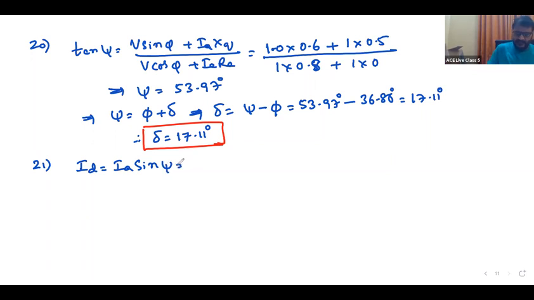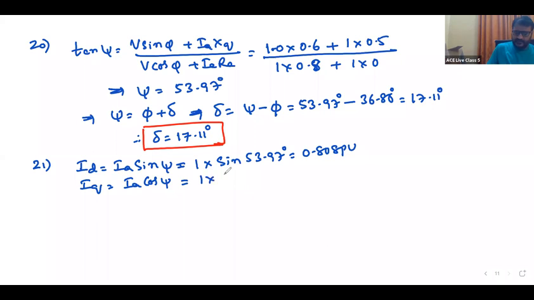ID is equal to IA sin psi, which is 1 into sin 53.97, equal to 0.808 per unit. Similarly, IQ is equal to IA cos psi, which is 1 into cos 53.97, equal to 0.588.